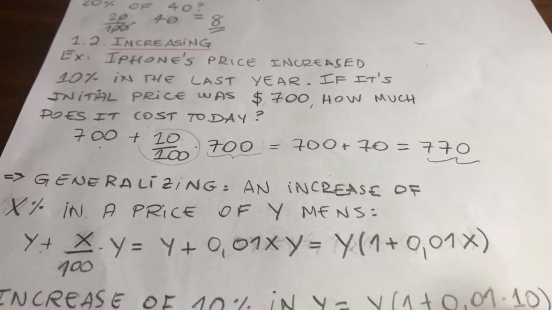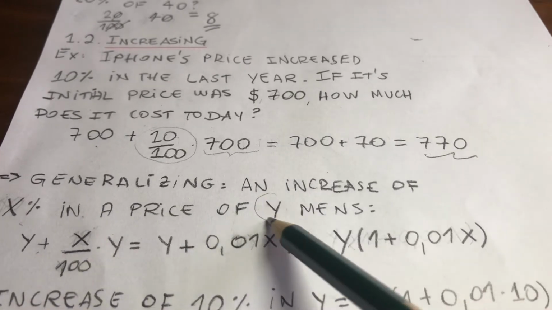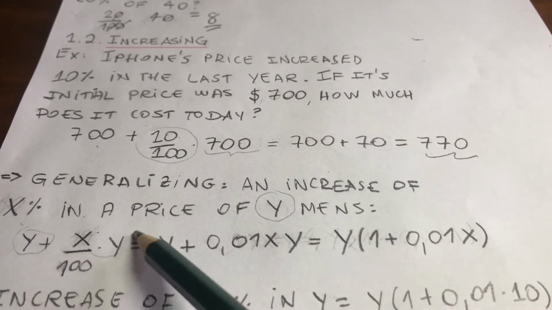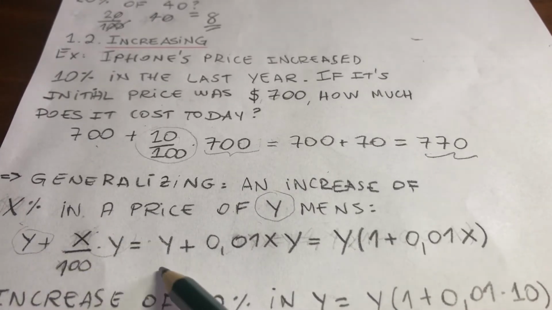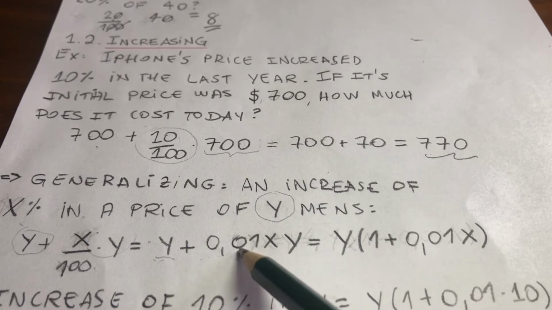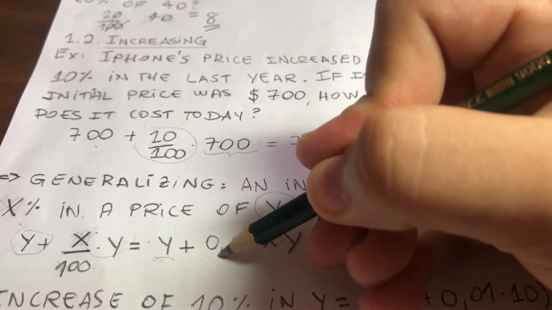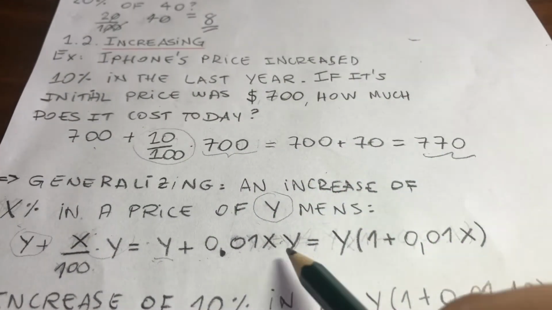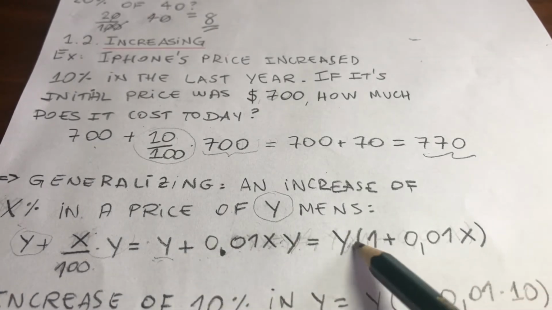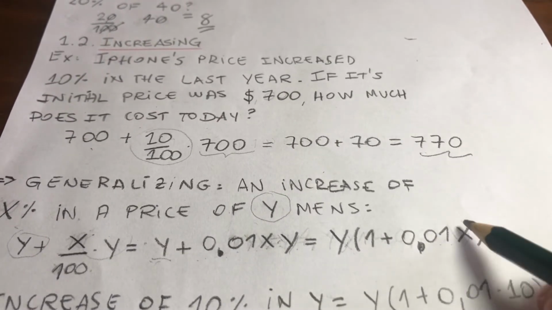So generalizing, if we have an increase of X% in a price of Y, this means that we have the price Y plus X% of Y. And this is equal to Y plus 0.01x multiplying Y. I'm sorry guys, this is a dot, not a comma. If we separate Y in evidence, this is Y multiplying 1 plus 0.01x.